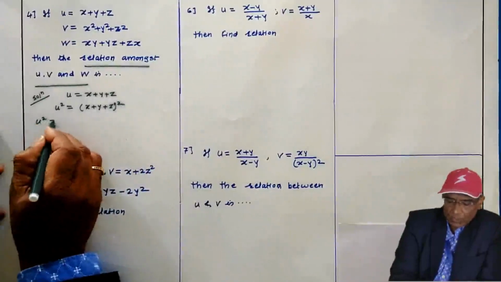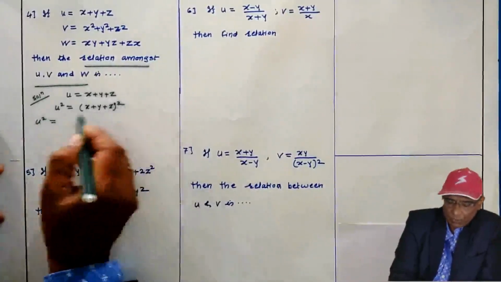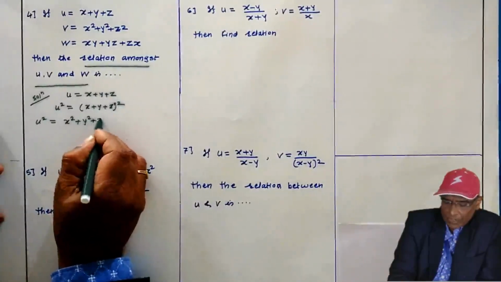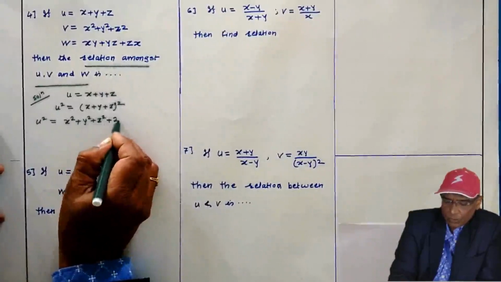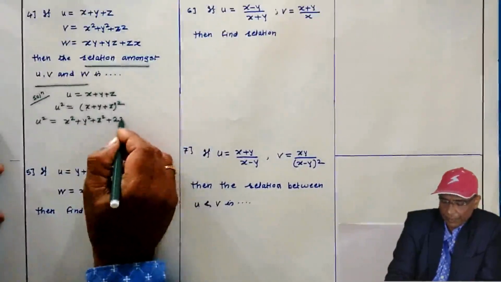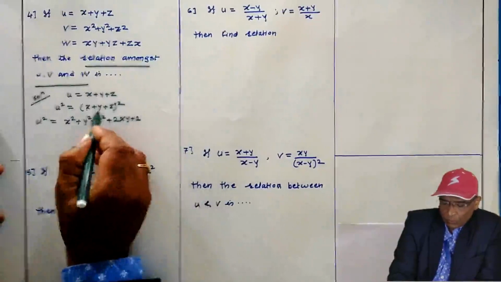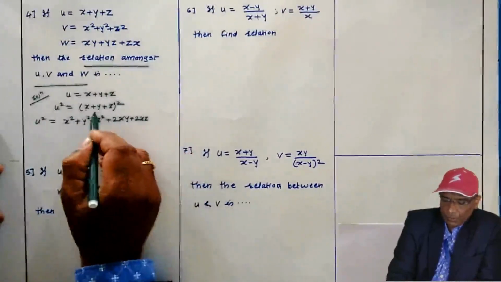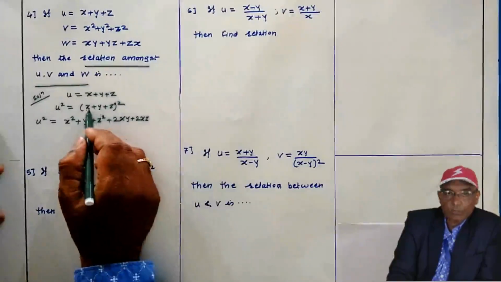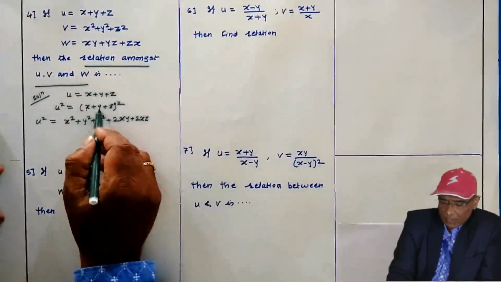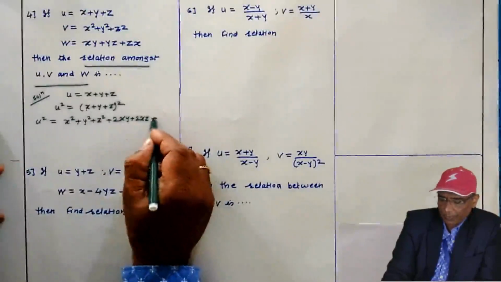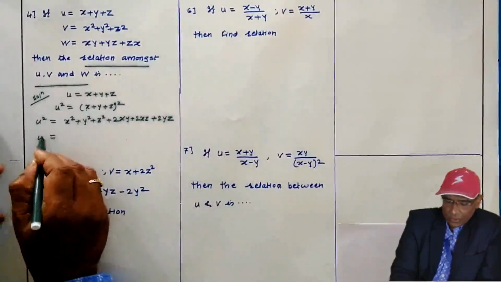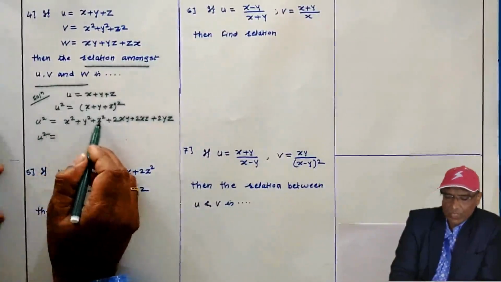Now, a plus b plus c whole square means x square plus y square plus z square plus 2xy plus 2xz, okay the term of x has exhausted, now plus 2yz. We have expanded.